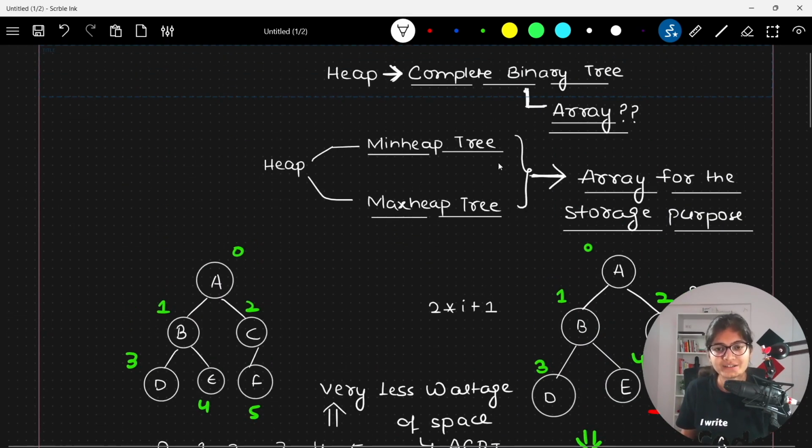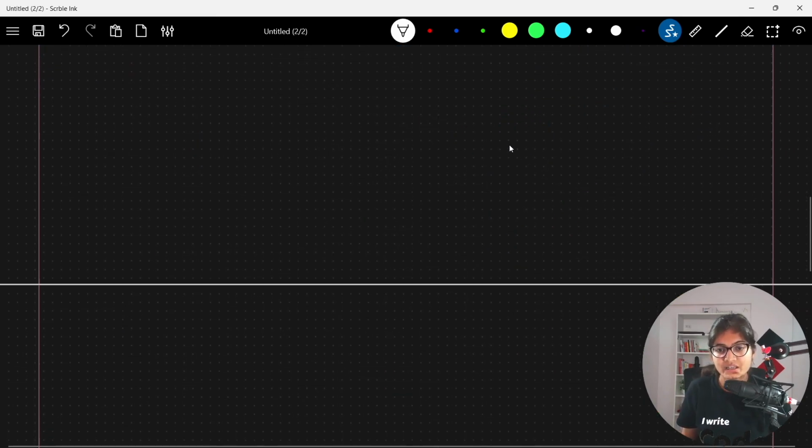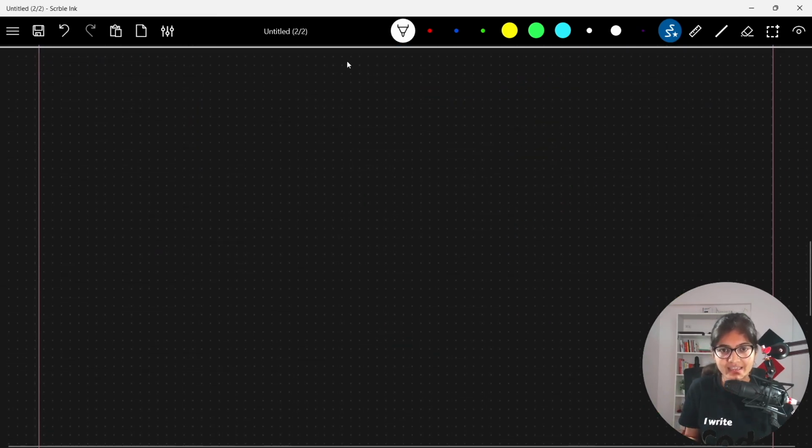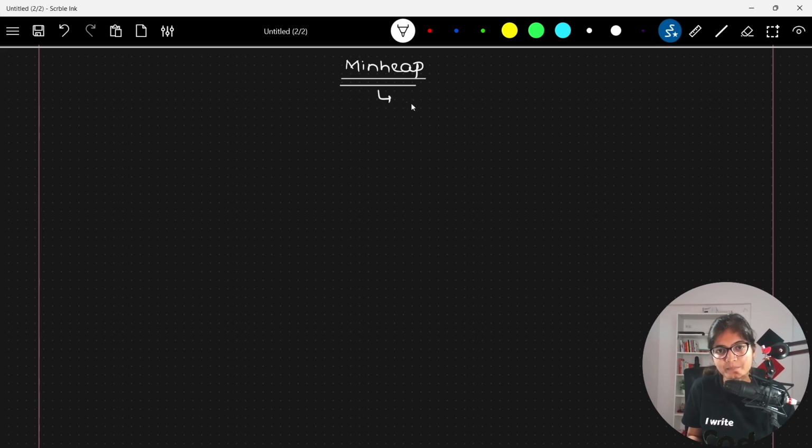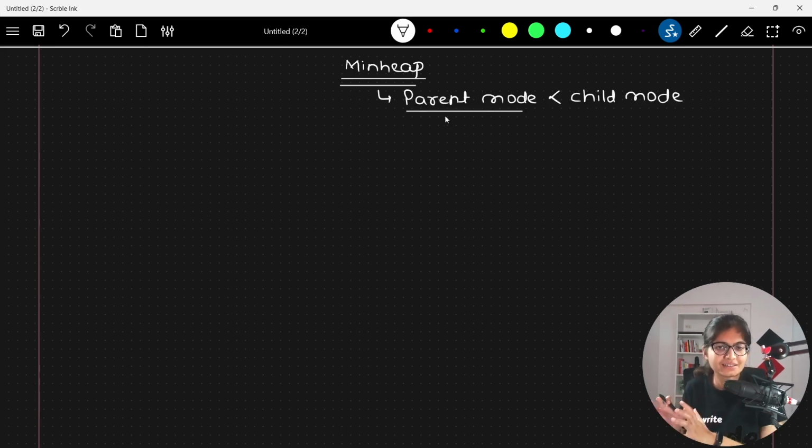Now, the next important thing is, what is Minheap? What is Maxheap? Whenever someone is talking about a Minheap, it simply says that the parent node will always have data smaller than the child node. Always. So the parent node always contains data lesser than the child node.